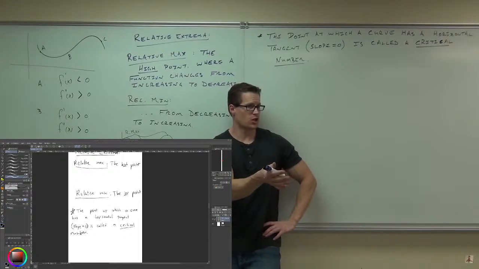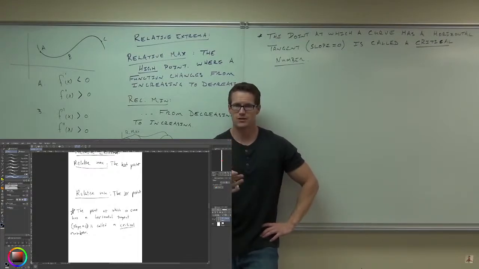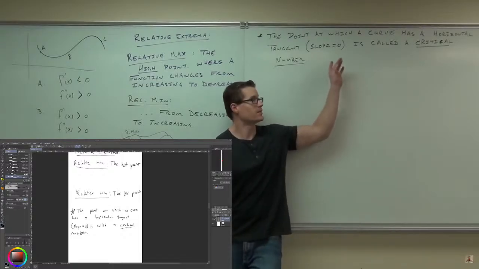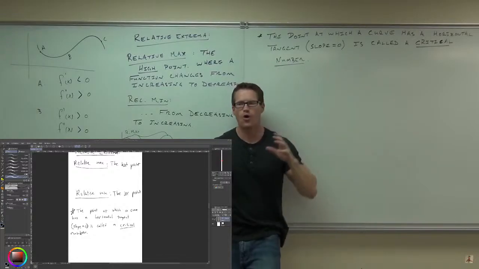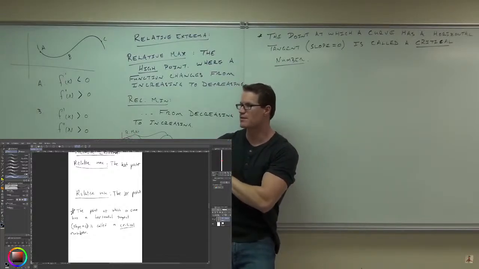So the derivative gives you slope, true? If I take the derivative and I set it equal to 0, I'm going to find out all the places where all the critical numbers where my slope equals 0. Do you follow me on that? That's going to give me all my potential relative maxes and mins. That's the idea.